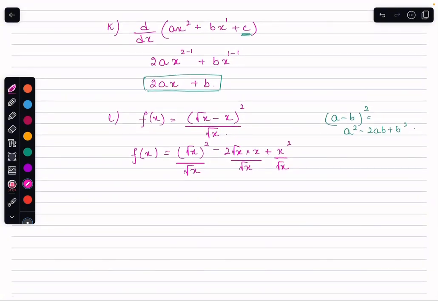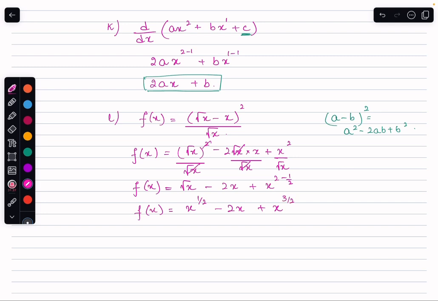So solving this f of x function, the first term left is just going to be a root of x. Root of x in the second term gets cancelled, giving me minus 2x, and here I can say this is x to the power 2 minus 1 by 2. So f of x then is going to be x to the power 1 by 2 minus 2x plus x to the power 3 by 2 here.